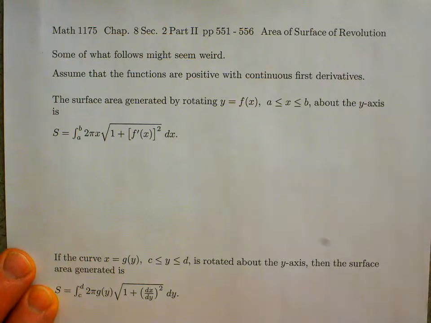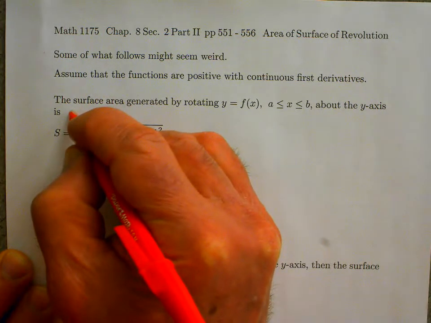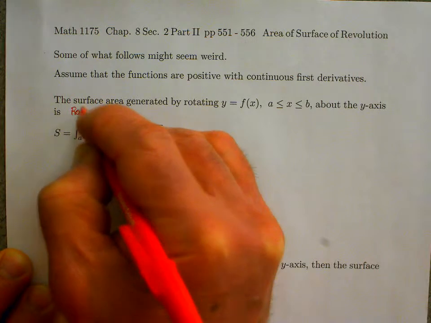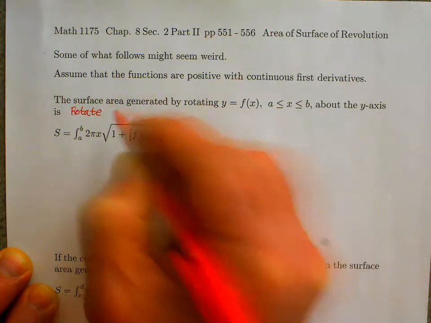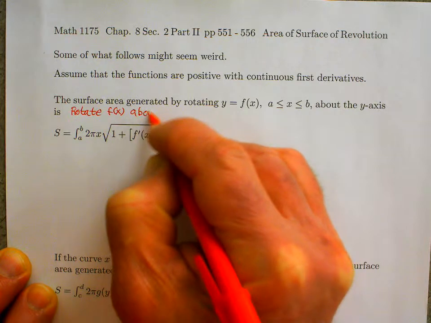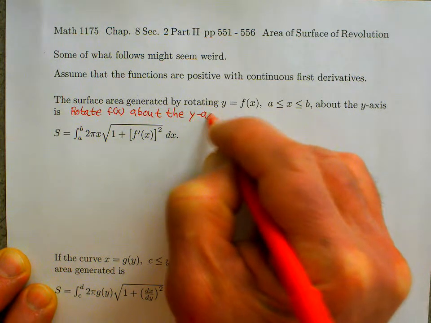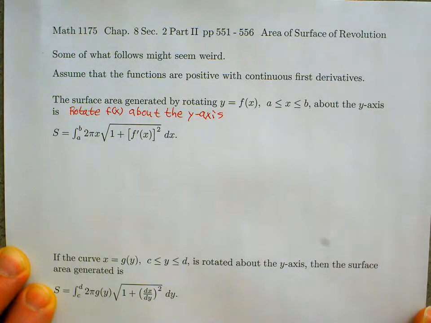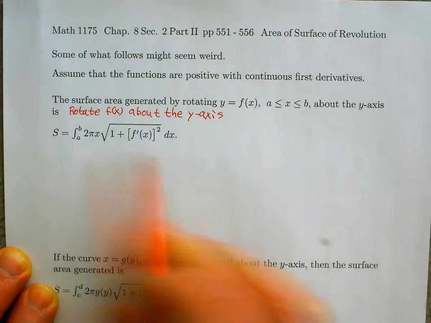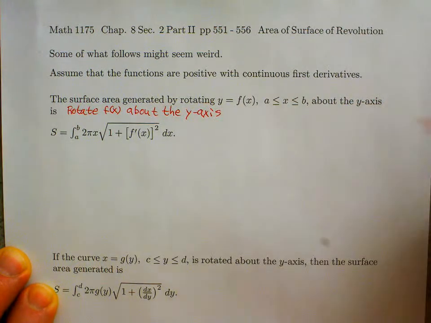So I'll just highlight that this is rotating about the y-axis, or rotate f of x about or around the y-axis. Let's just write down the formula if we rotate f of x about the x-axis and just look at the comparisons.